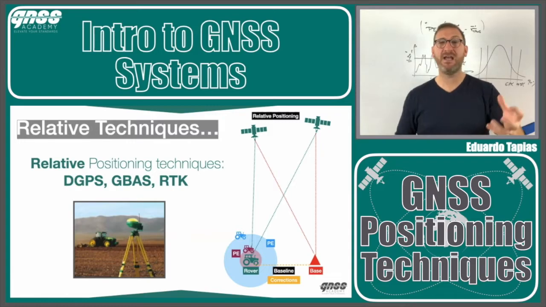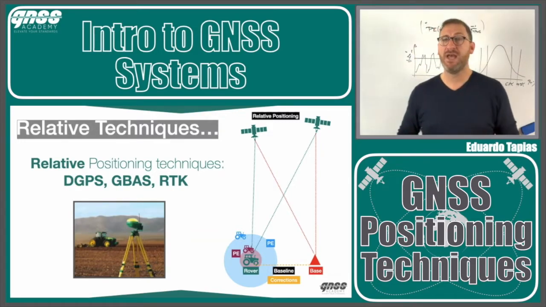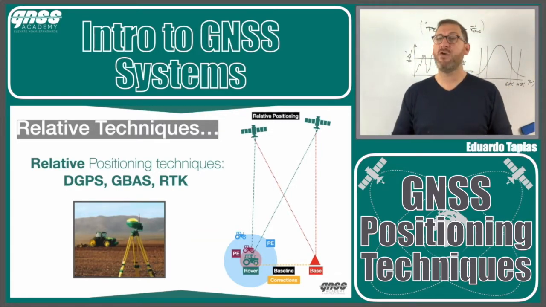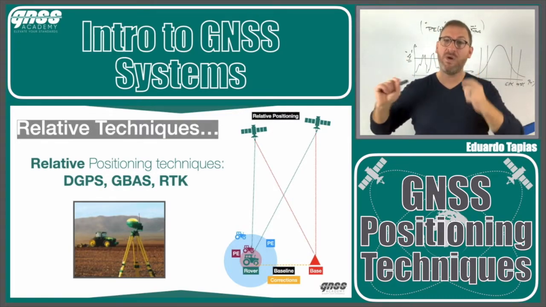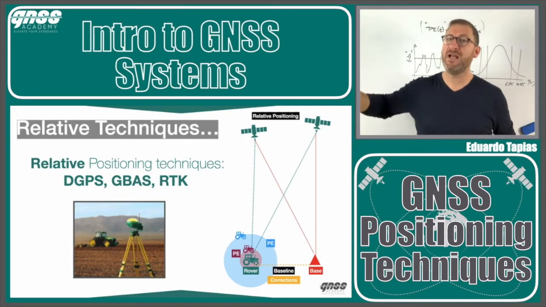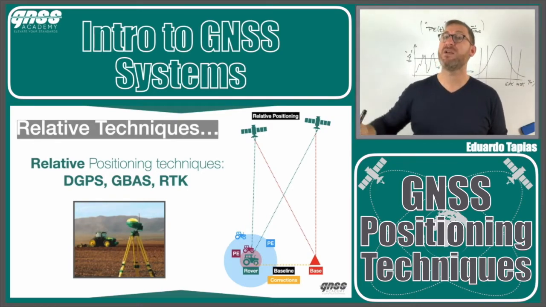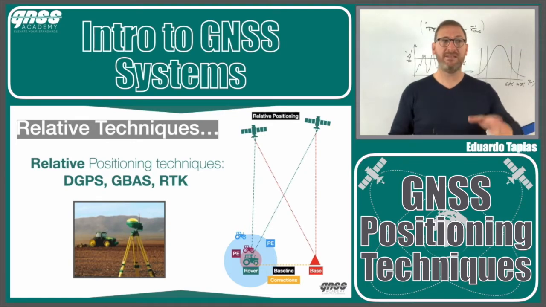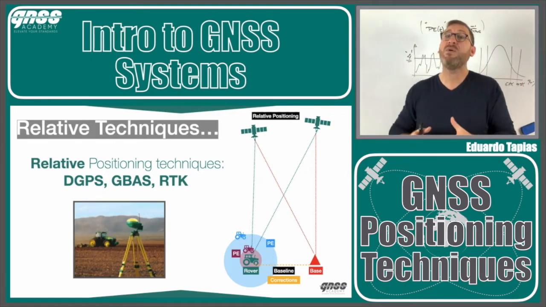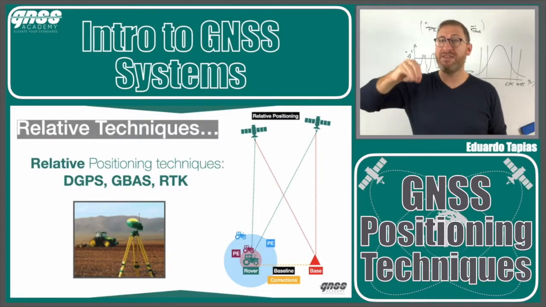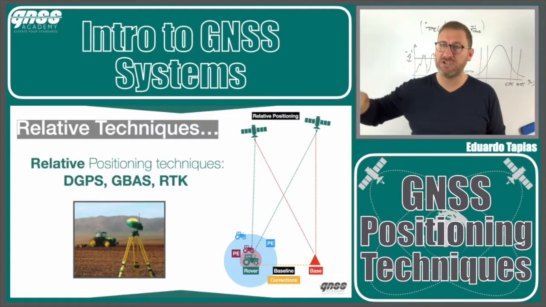They are called relative positioning because with these techniques we will only have the relative positioning to the base station, unless we also have the information about the real position of the base station. In this way, we can estimate the absolute positioning as well. These are relative positioning techniques because they are based on the base station solution, but we can estimate absolute positioning as well if we know the base position precisely.